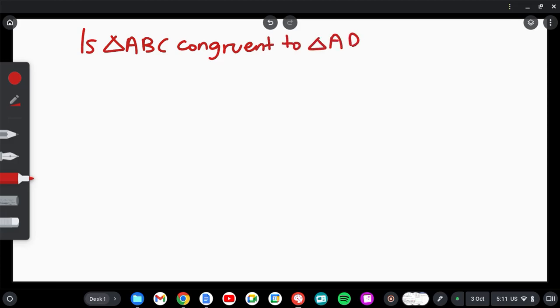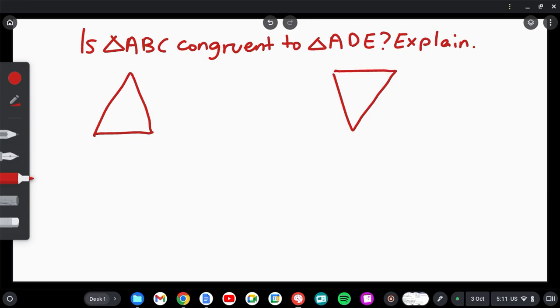Let's say if I have this question here. I'm going to draw these two triangles. I anyhow label, quickly.